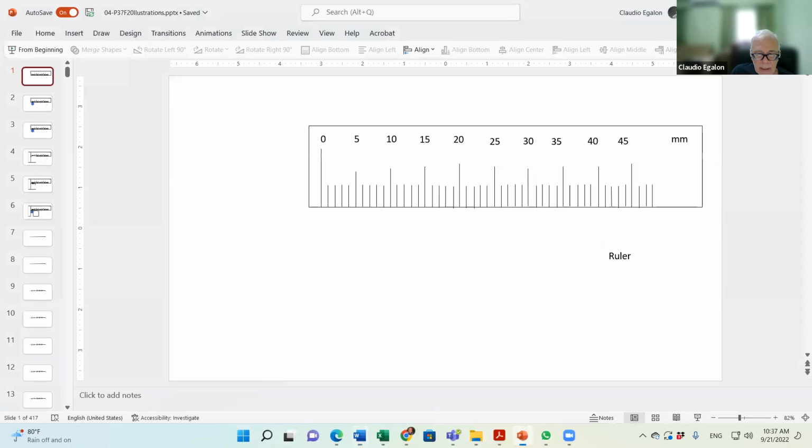Now let's take a look here at my ruler. That's how the ruler looks. And then I'm going to measure the diameter of this sphere. The funny thing about the ruler is that it's a little bit difficult to measure diameters of spheres, because you have to eyeball it. But it's not because you have to eyeball it that it's going to give you an incorrect value.